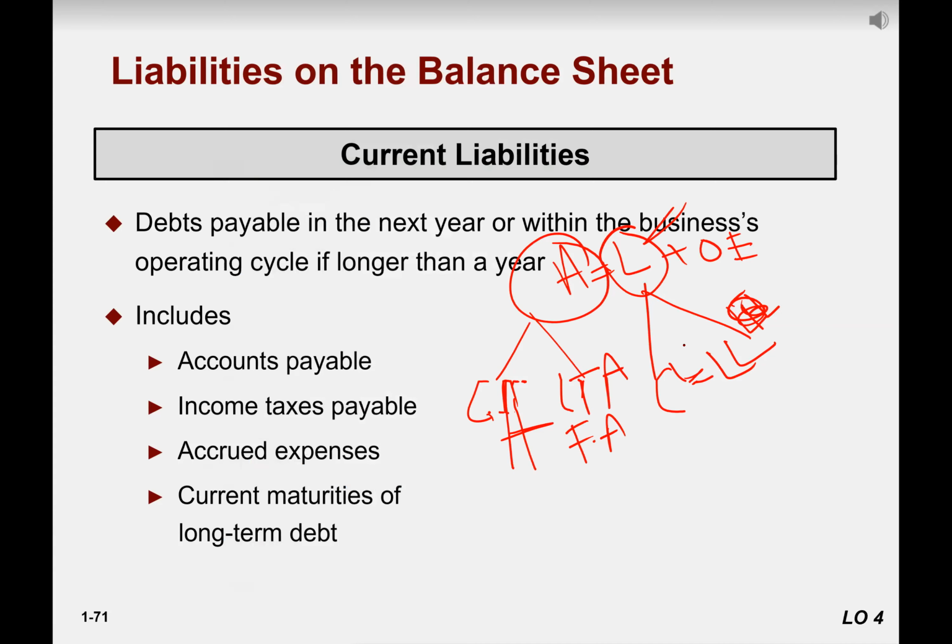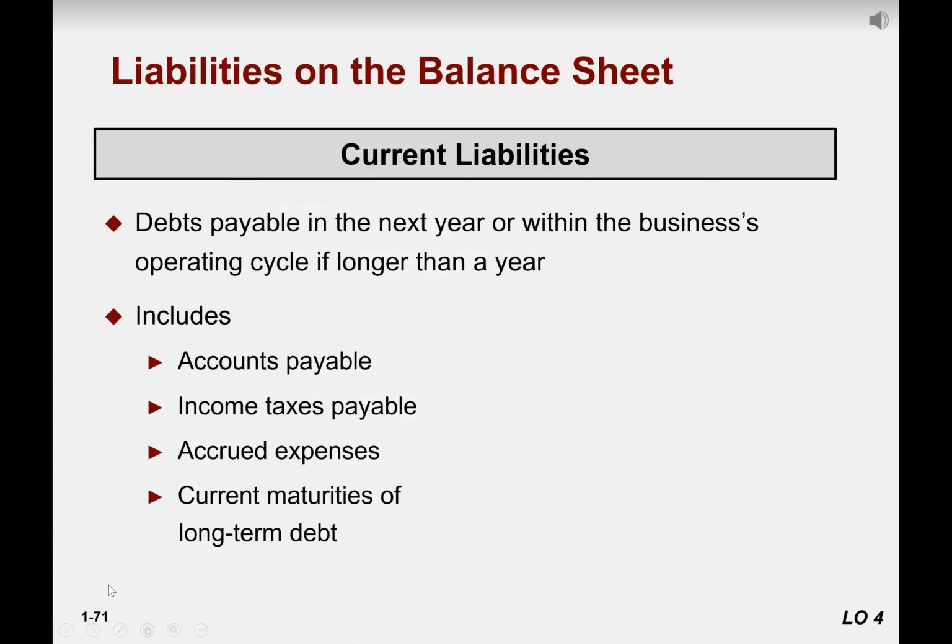So let's talk about the first category of the liabilities, which is current liabilities. Here we go. So liabilities, which means it is somebody else's money invested in our business in the form of anything, or we have to pay somebody else and we are not paying it and we will pay it after some time. This creates liability.